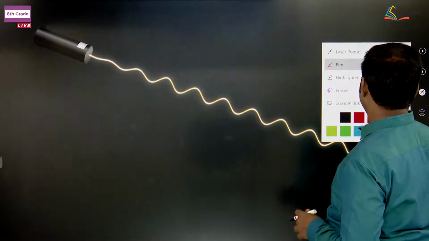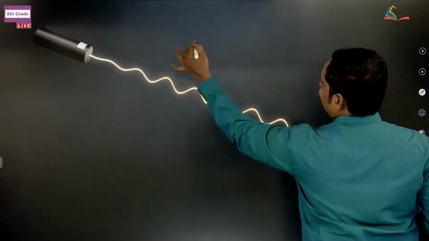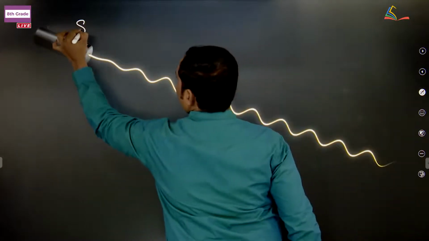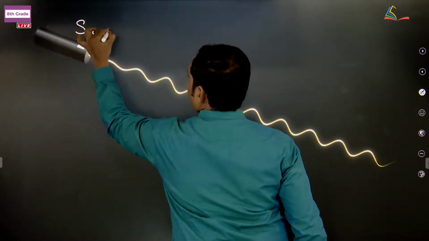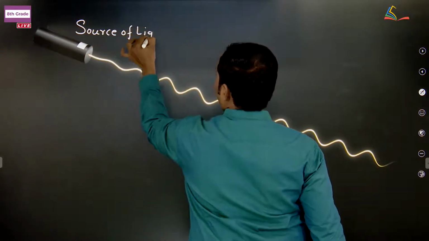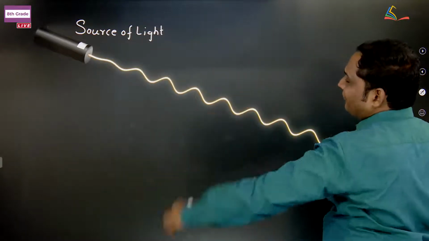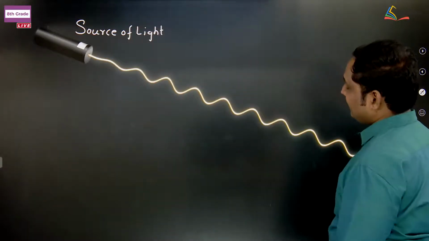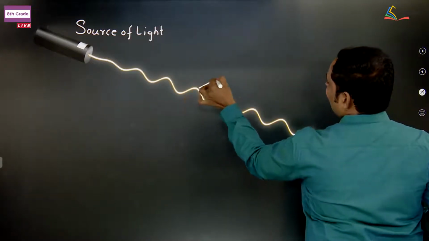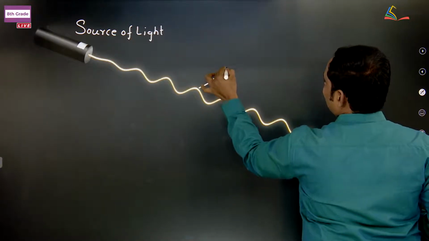If you are going to take that light source, this is the source of light. From its surface it is emitted. You can see that it is in the form of wave.